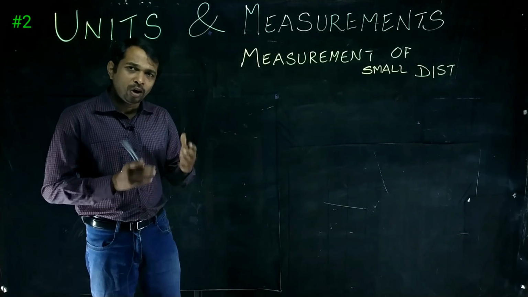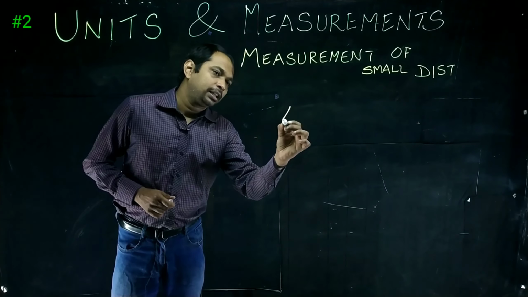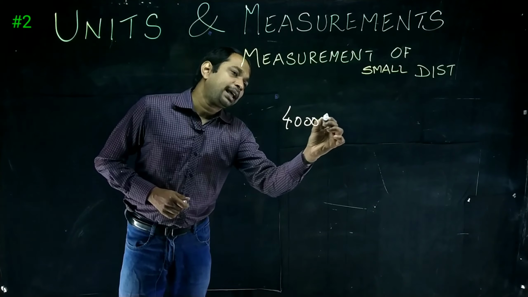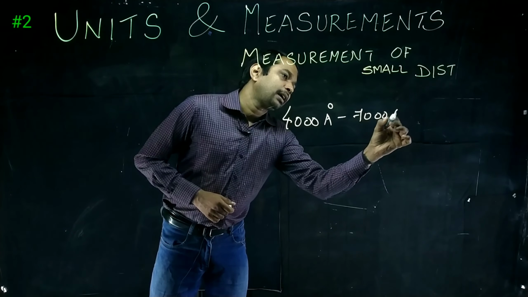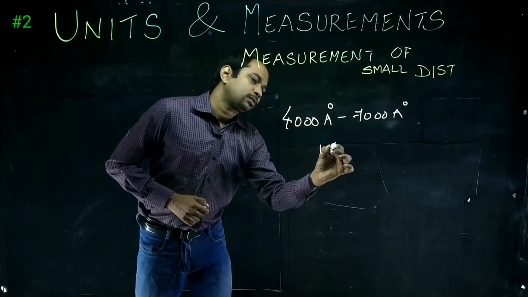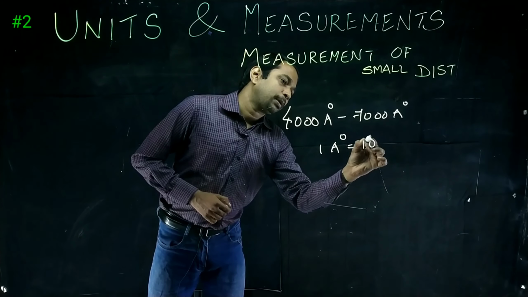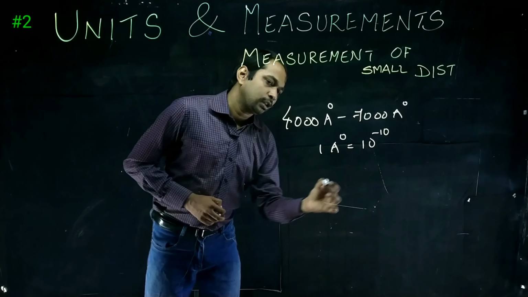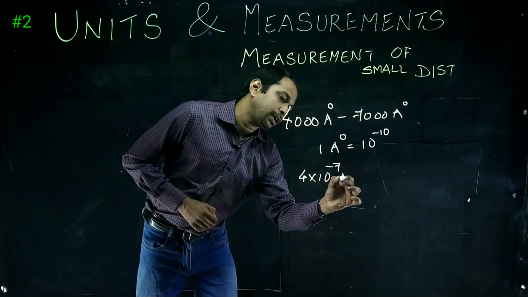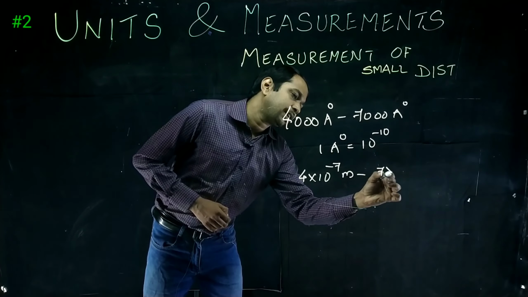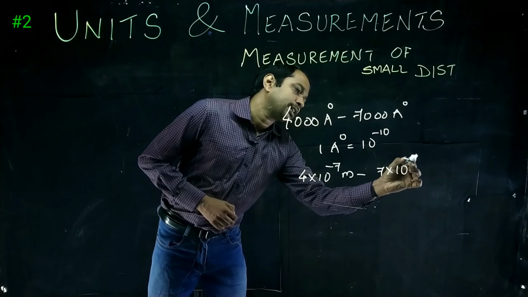The wavelength of our visible light is 4000 angstrom to 7000 angstrom. 1 angstrom is 10 to the power minus 10 meters. So you can say 4 into 10 to the power of minus 7 meters to 7 into 10 to the power of minus 7 meters.